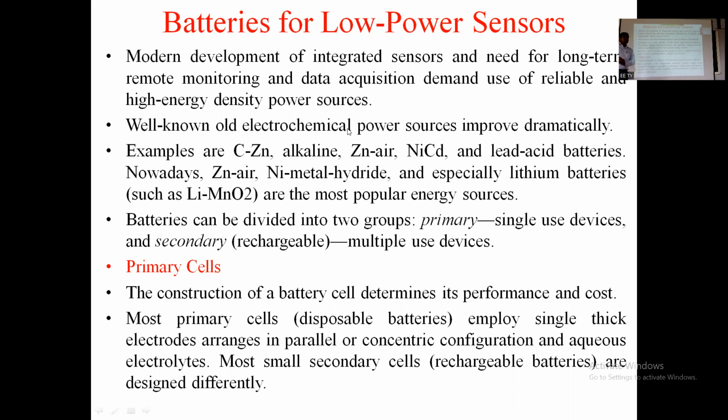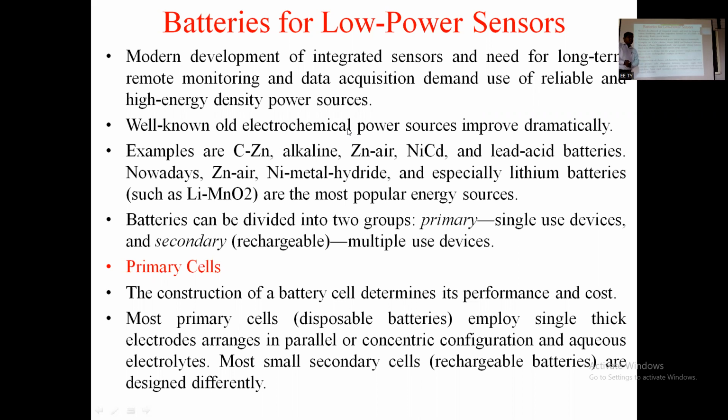So in the modern system, a number of sensors can be integrated, and the data obtained from those sensors is fed to signal conditioning devices. We have already discussed signal conditioning devices.